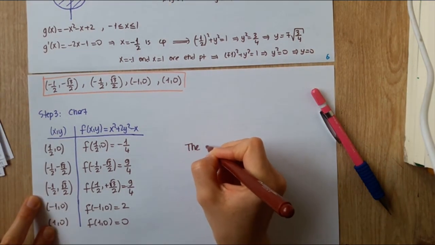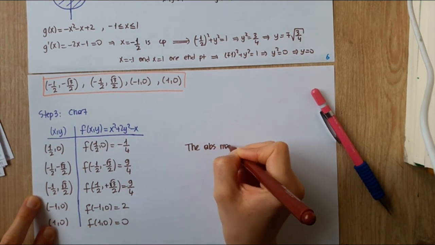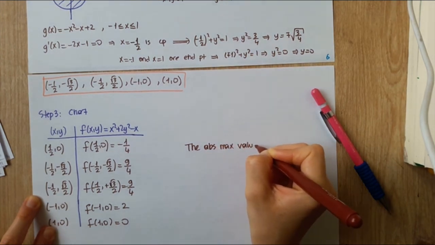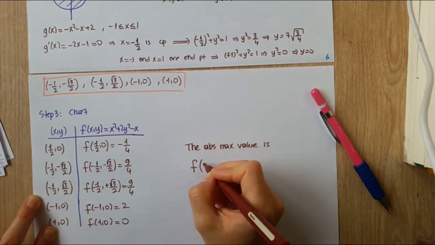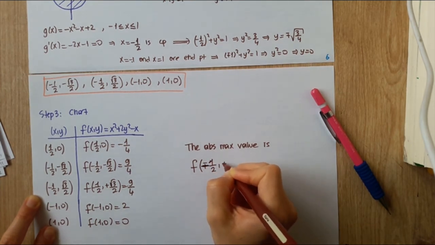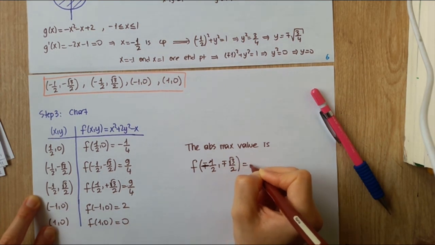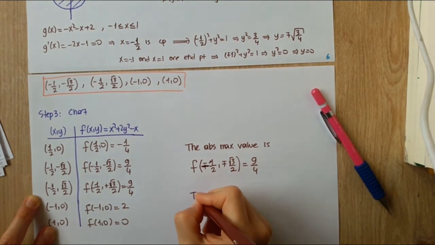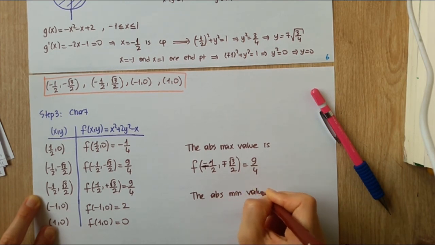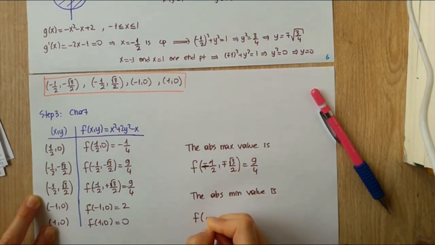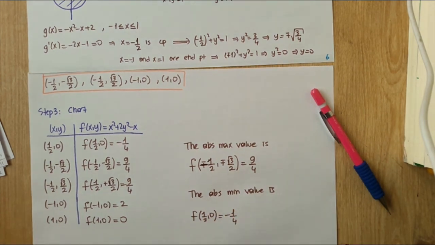Hence the absolute maximum value is 9 over 4, and this occurs at the points minus 1 over 2, minus or plus square root of 3 over 2, and the absolute minimum value is f of 1 over 2, 0, which is minus 1 over 4.